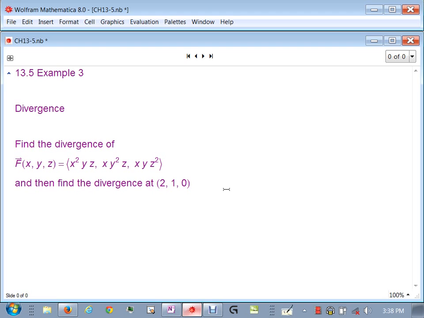What's div F? 2xyz plus 2xyz plus 2xyz, which is 6xyz. All right, the divergence is 6xyz. Now, what's the divergence at 2, 1, 0? 0. Right?